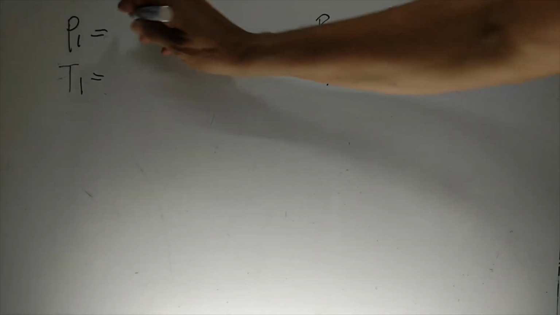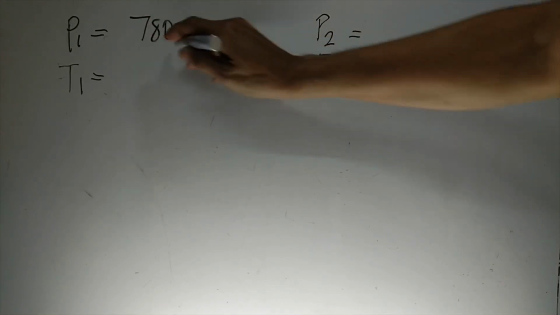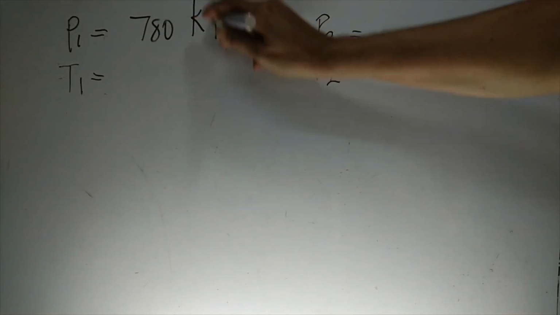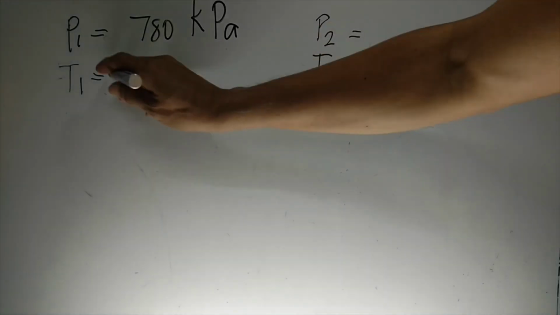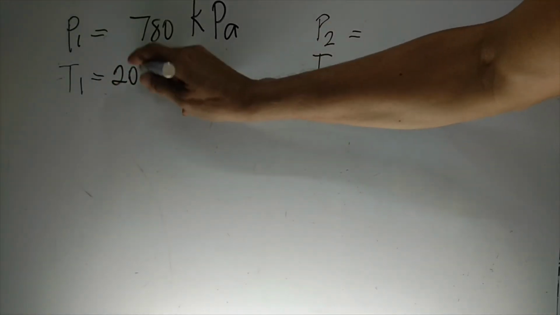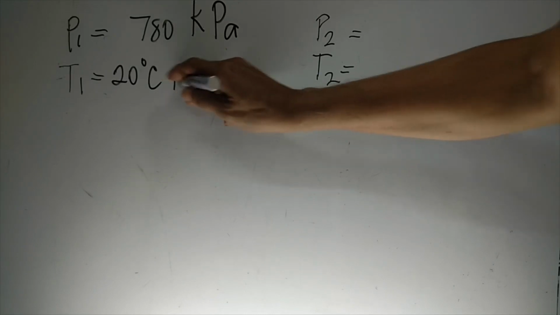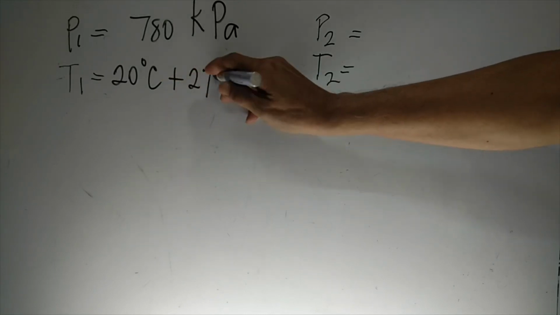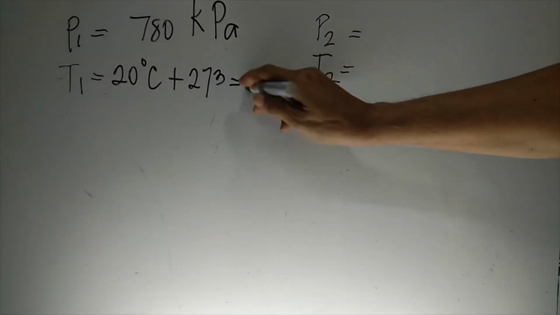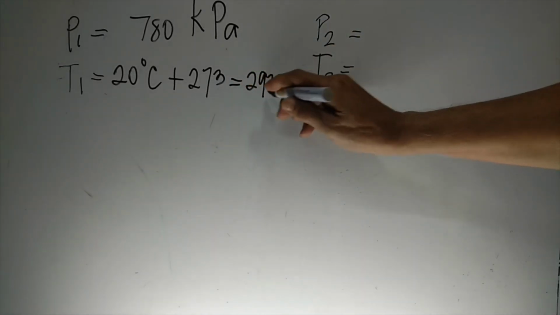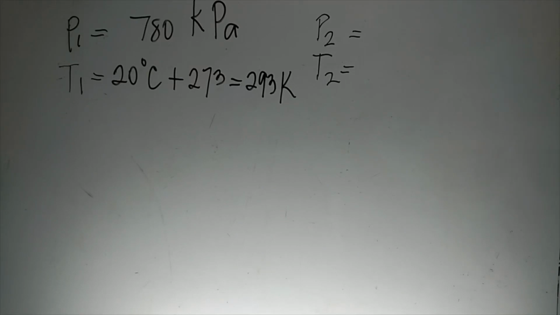To solve the problem, we will first write all the given information by the problem, starting with P1, which is 780 kilopascals. And temperature is 20 degrees Celsius plus 273 will give us 293 Kelvin.